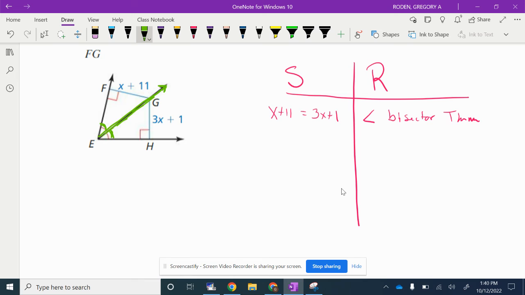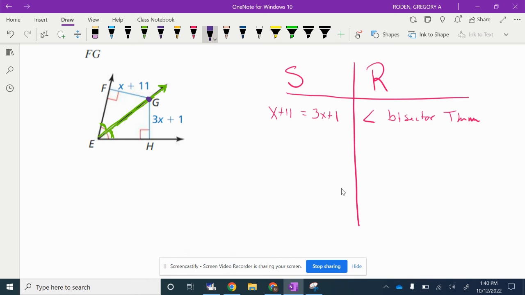Michael, what else do we need to know? We agree G is on the angle bisector, right? But what else do we have to know before we can say those two are equal to each other? What's important there?